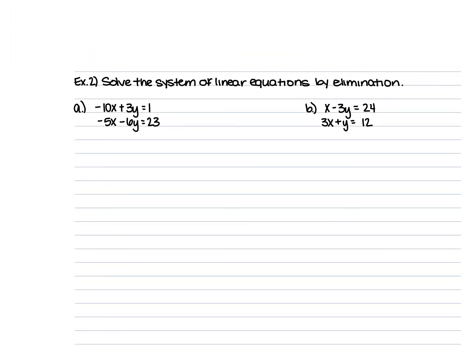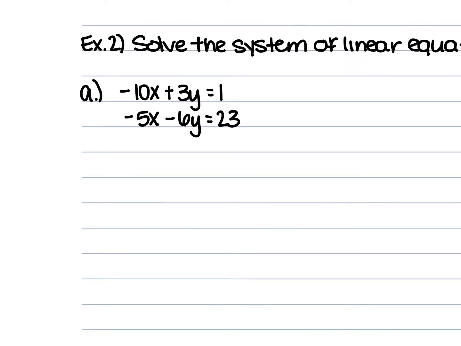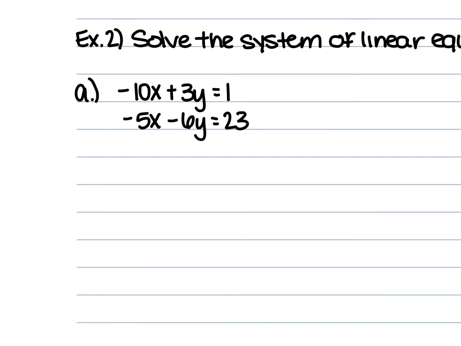So here again, we're going to solve by elimination. So looking at A, do I have the same number but opposites? No. But I could make one of my variables the same number but opposites by multiplying something. So which variable do you want to make the same number but opposites, the x or the y's?